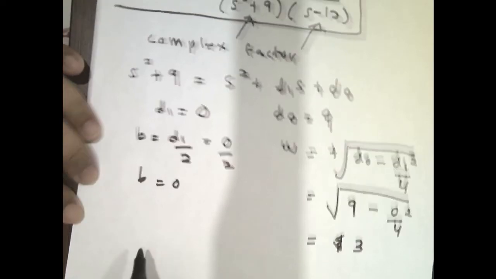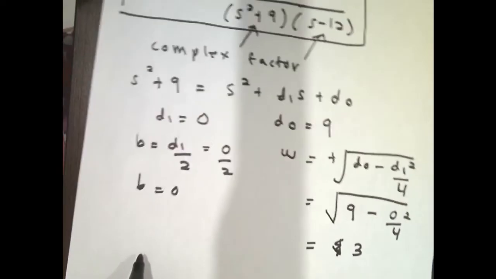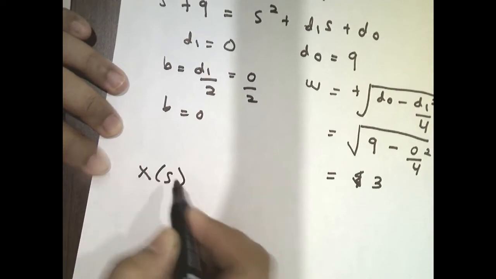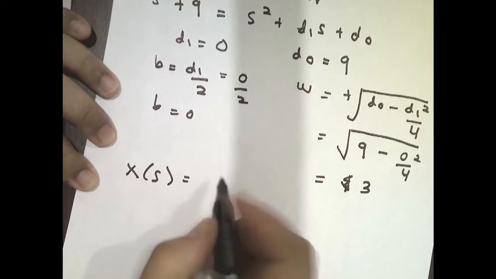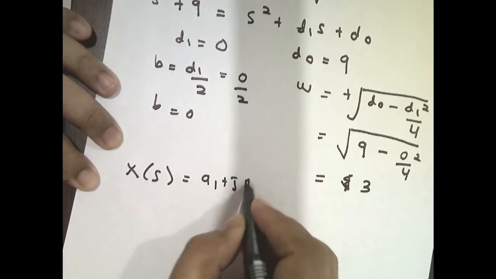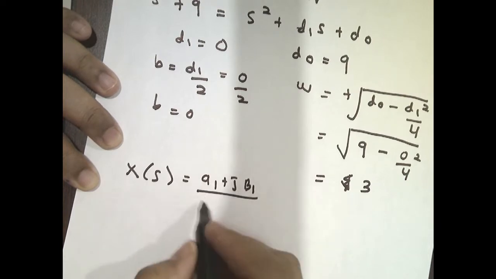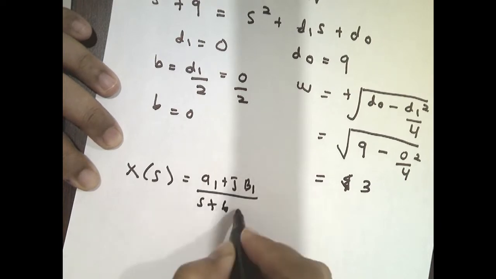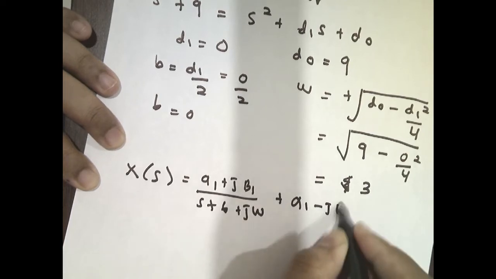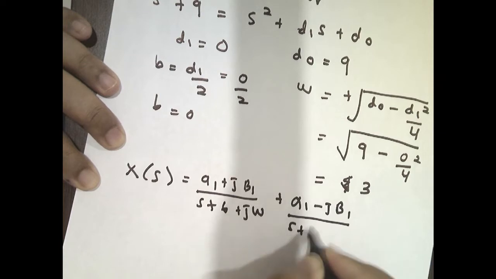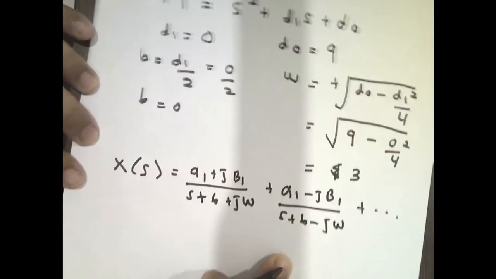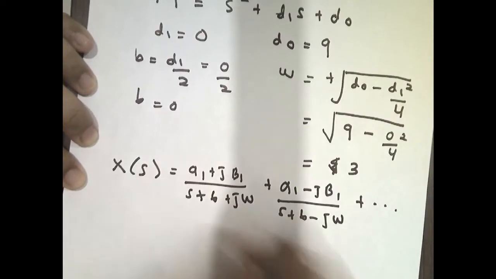So how do we write this? This equation can be written like this: X(s) equals (a1 plus j b1) divided by (s plus b plus jw) plus (a1 minus j b1) divided by (s plus b minus jw). Alright, so this is the equation for the complex root.